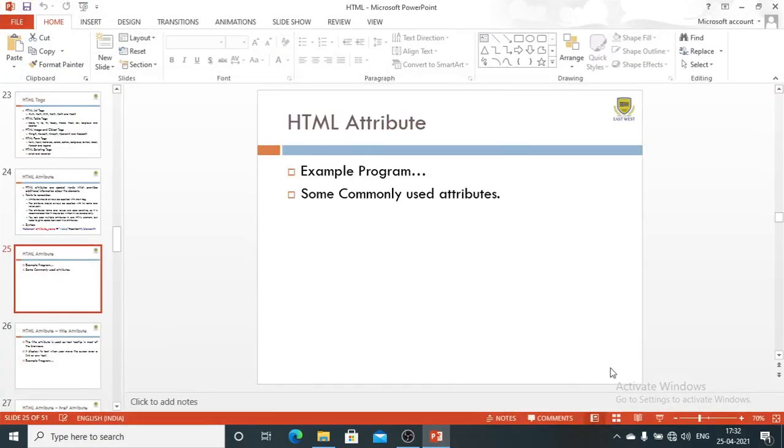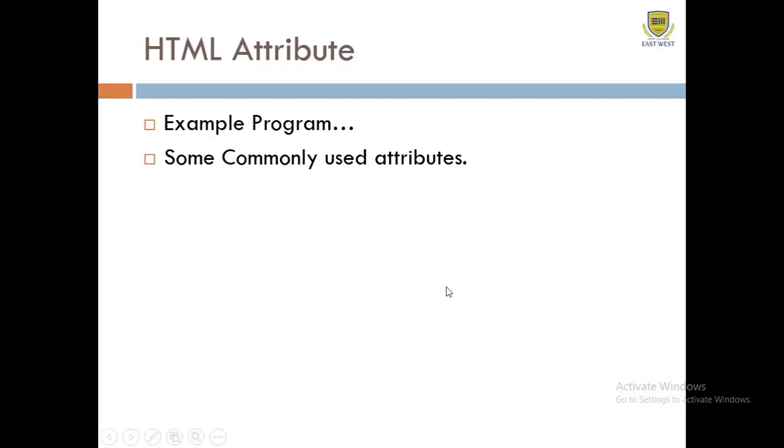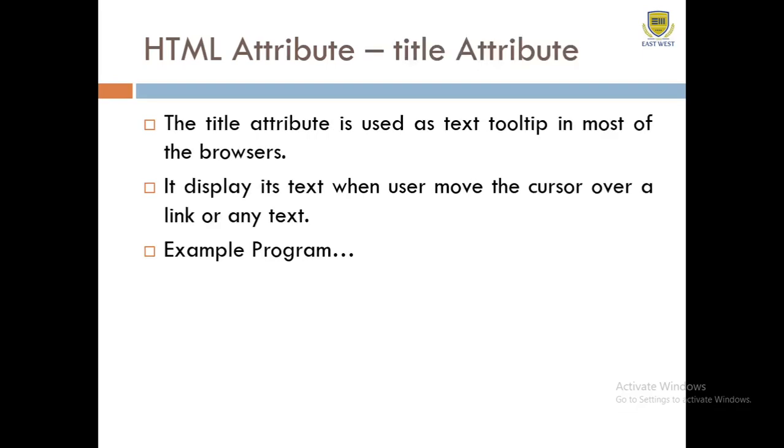There are some commonly used attributes that are available. The first attribute is the title attribute, that whatever we just saw, title attribute. This title attribute is used as a text tooltip in most of the browsers.